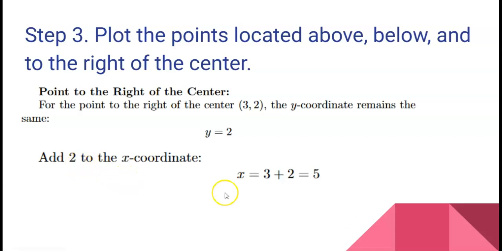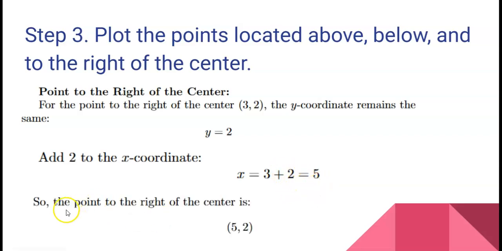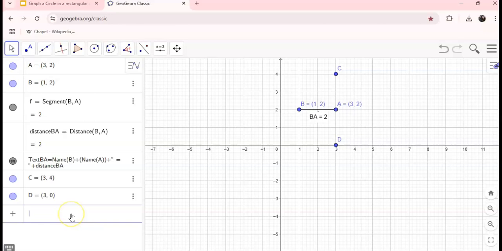So x is equal to 3 plus 2, radius 2, which is 5. So the point to the right of the center is (5, 2).